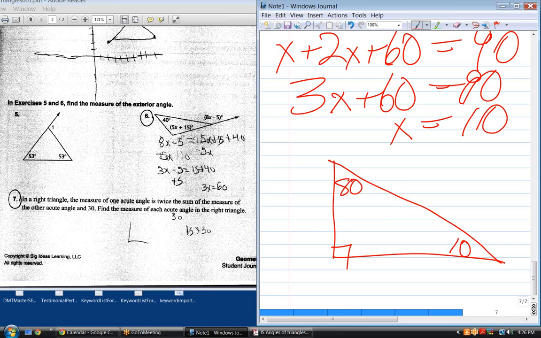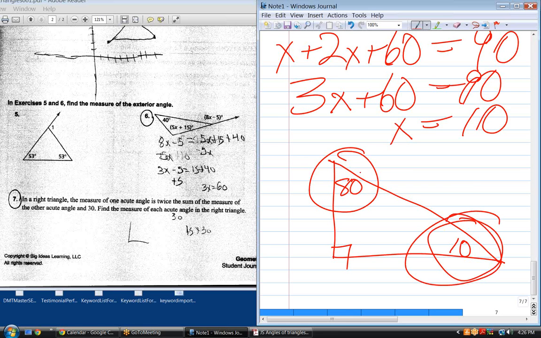That works. It satisfies every premise of this question. 80 is twice 10 plus 30. And 80 plus 10 adds to 90, meaning they're complementary. So find the measure of each acute angle. One is 10, one is 80.